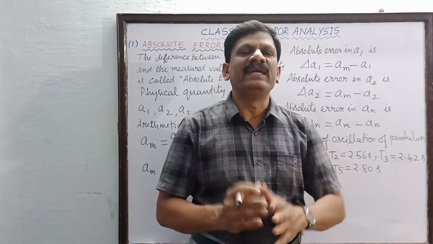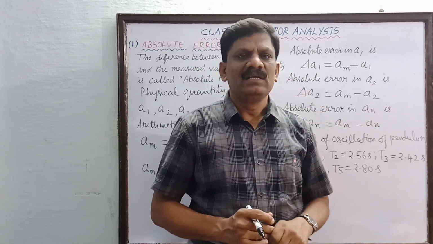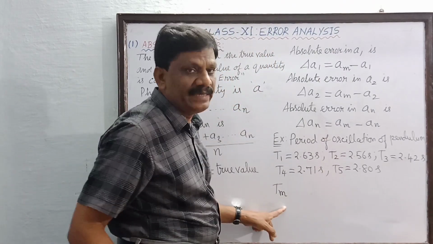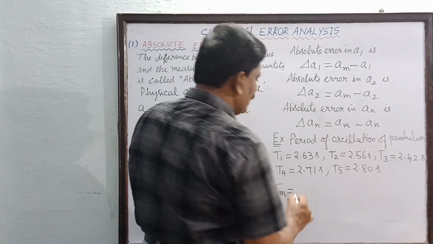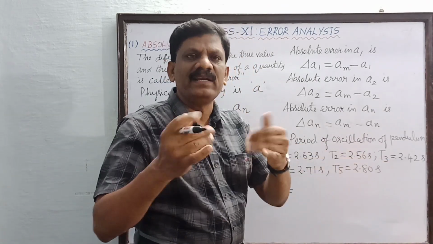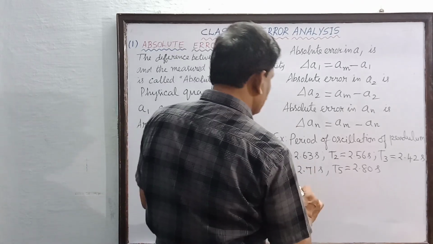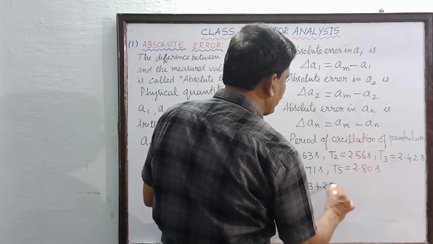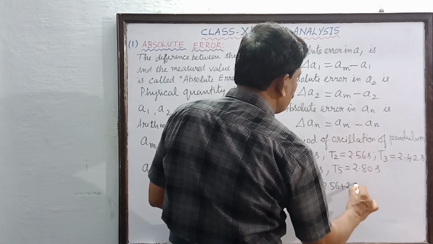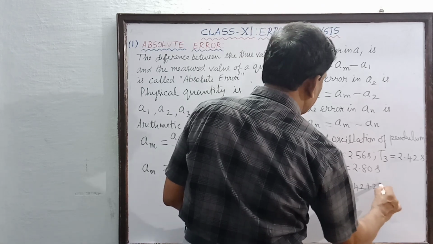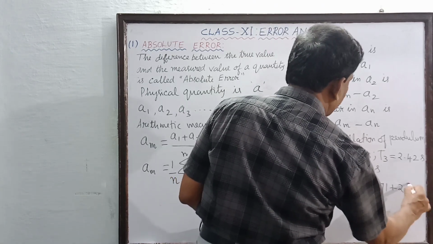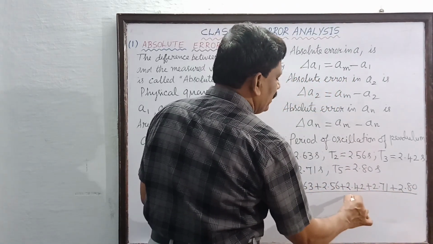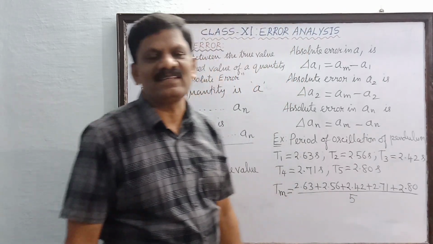Now how will you find the mean value? First of all, the mean value, which is also the true value. So the mean period of oscillation T_m, I should add all these 5 values and divide by 5. So 2.63 plus 2.56 plus 2.42 plus 2.71 plus 2.80, all these to be added and divided by the total number of observations.